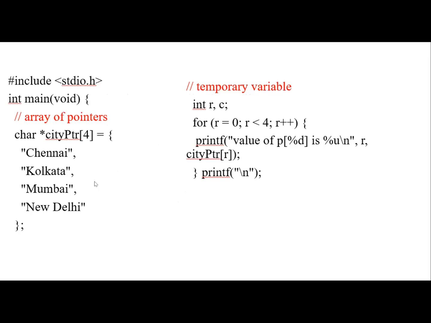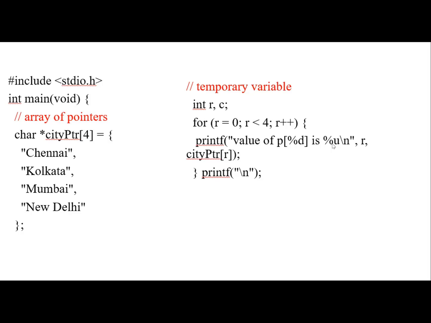Now to print the value, what I'm trying to do is printf value of p of this one is %u. If you all remember, I said you can also write %d, which is also fine. But %u indicates unsigned integer. Like I said, a memory address does not have a sign. It cannot be positive or negative, unlike an integer.